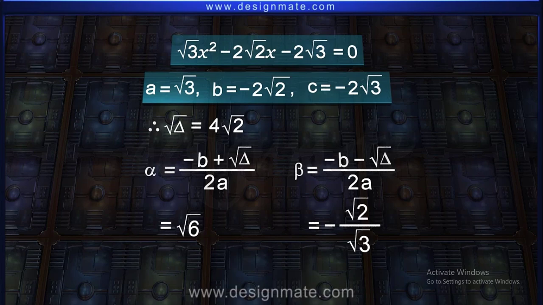It is clear that the numbers √6 and −√2/√3 are not rational.